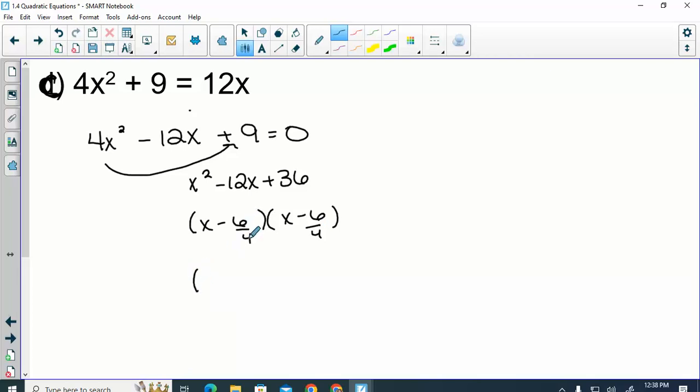Okay, 6 over 4 reduces to 3 over 2. So that would be 2x minus 3. And we get that for both of them. So if we set that to 0, what do we get?